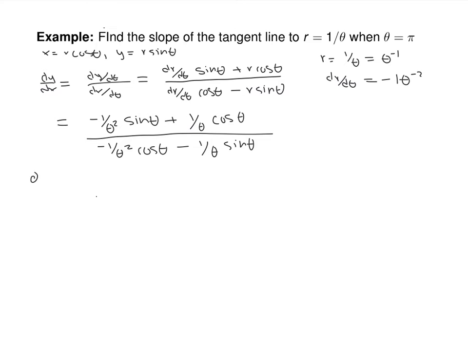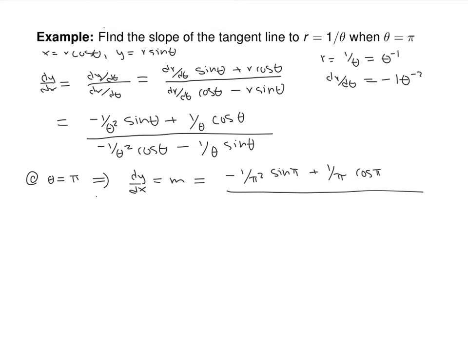And at the specific value theta equal to pi, we input that, and dy/dx, or the slope of the tangent line, will be negative 1 over pi squared sine of pi plus 1 over pi cosine of pi divided by negative 1 over pi squared cosine pi minus 1 over pi sine pi.